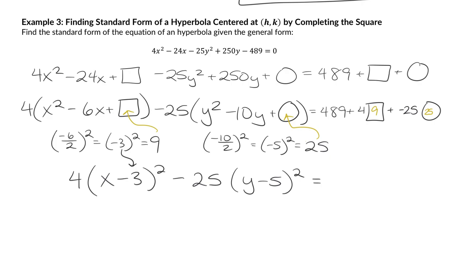You're doing everything on this side. What do y'all get? Should get negative 100.